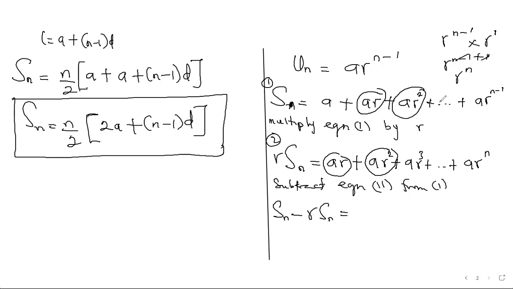This AR cubed, we cancel the next AR cubed that will be here. So that will continue. So what you're going to have left will be A, because there's nothing to cancel this A, and AR raised to power n, because there's nothing to cancel the AR raised to power n. But it's going to be minus because you're subtracting this from this. At the end of the day, you have A minus AR raised to power n.